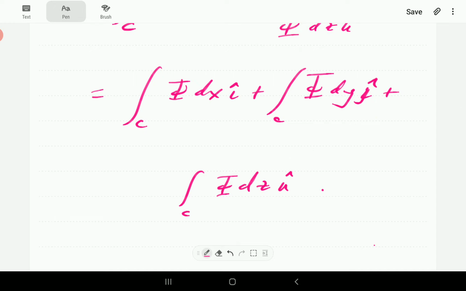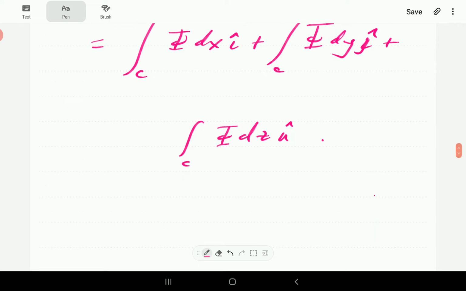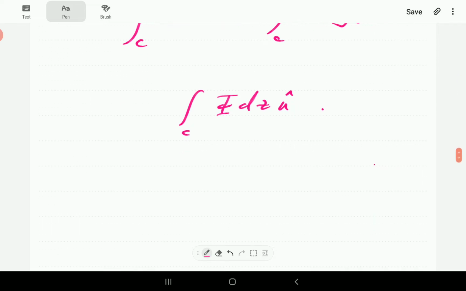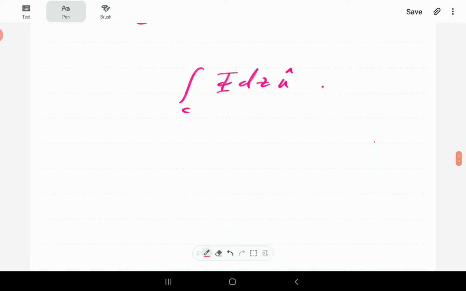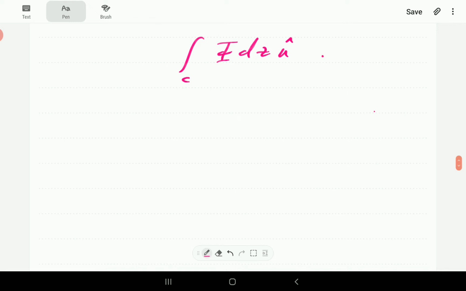So this is just going to give us a vector upon integration. We're going to talk about the techniques of evaluating contour integrals in a moment, and then demonstrate them in a later video.